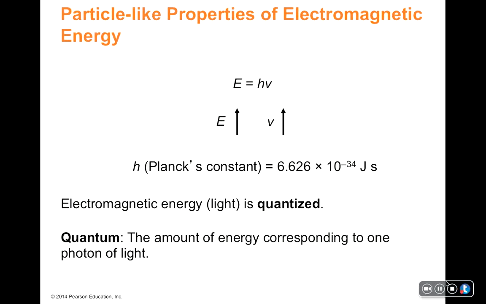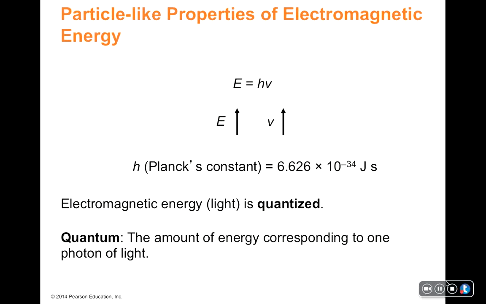So again, this is one formula that you should know and be able to use. The E is energy, h is Planck's constant, and obviously v is for frequency. So this related the energy to a particular frequency, and allowed you to actually quantify that amount.